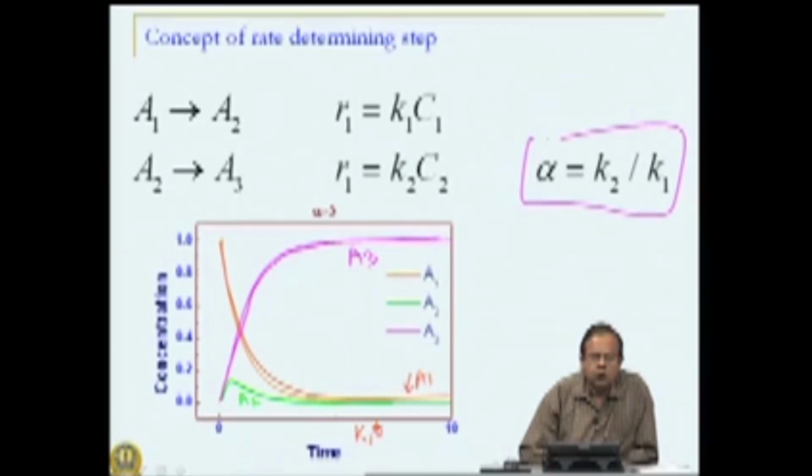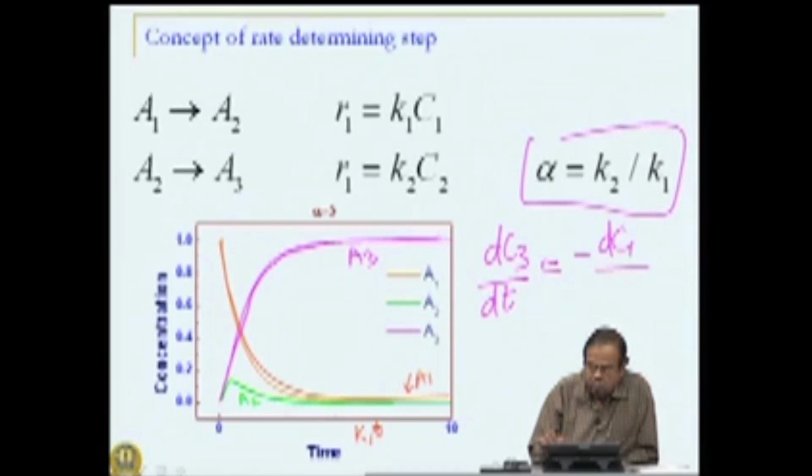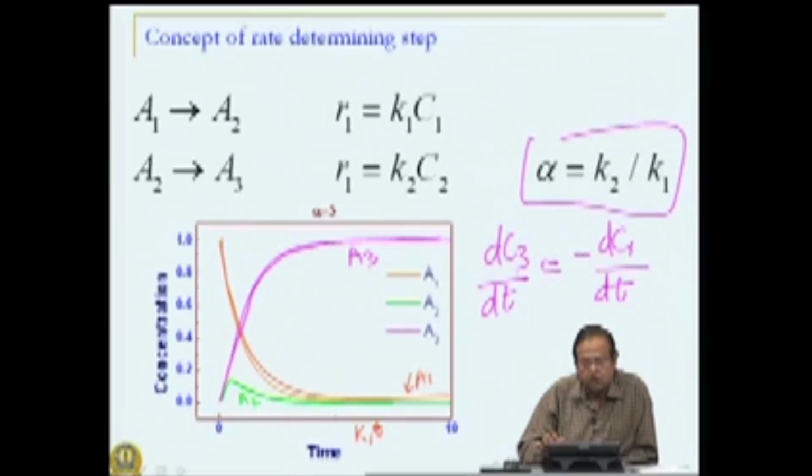I think I need not repeat myself, but write this straight away: in this case we see that dC3/dt is almost the same in magnitude as dC1/dt, but with a negative sign. So, this time the rate of formation of C3 is the same as the rate of consumption of A1 or C1, okay, when alpha is 5.